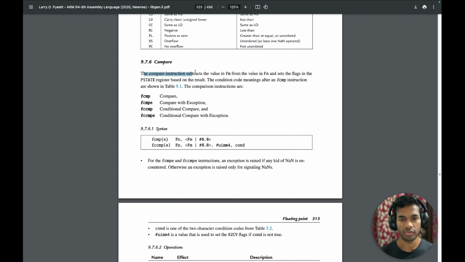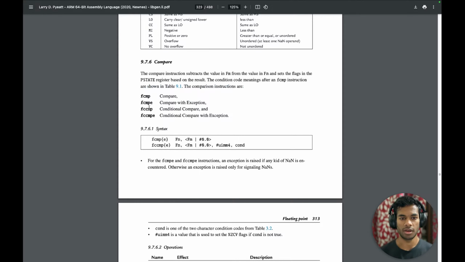We got this. The compare instruction subtracts the value in FM from the value in FN and sets the flags in the PSTATE register based on the result. The condition code meanings after an FCMP float compare instruction are shown in table 9.1.